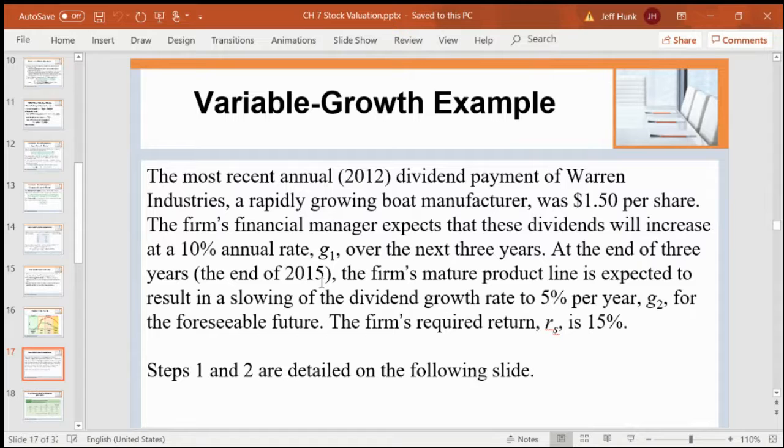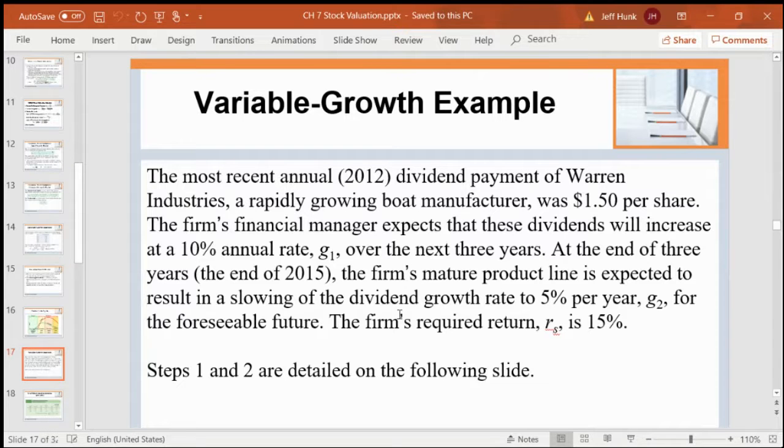At the end of 3 years, the firm's mature product line, and mature means the growth will now slow down, is expected to result in a slowing of the dividend growth rate to 5% a year, G2, the second growth rate, for the foreseeable future.